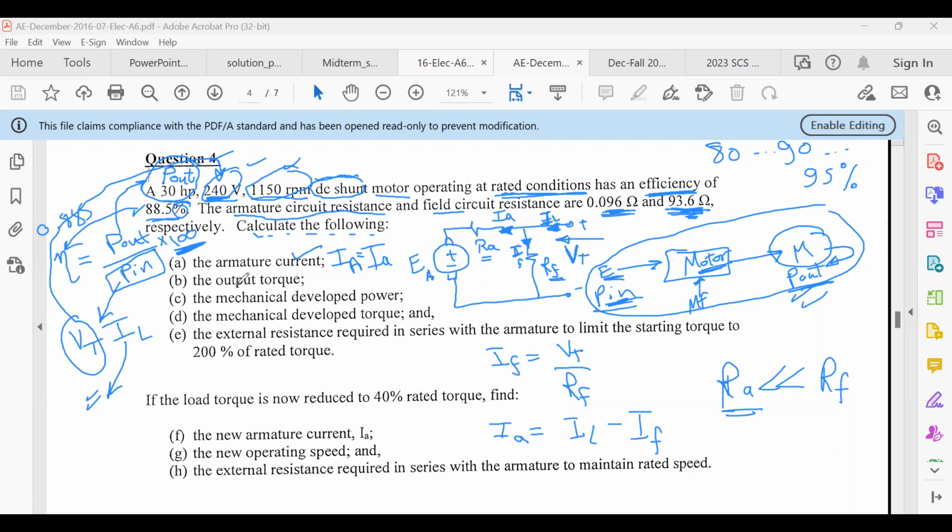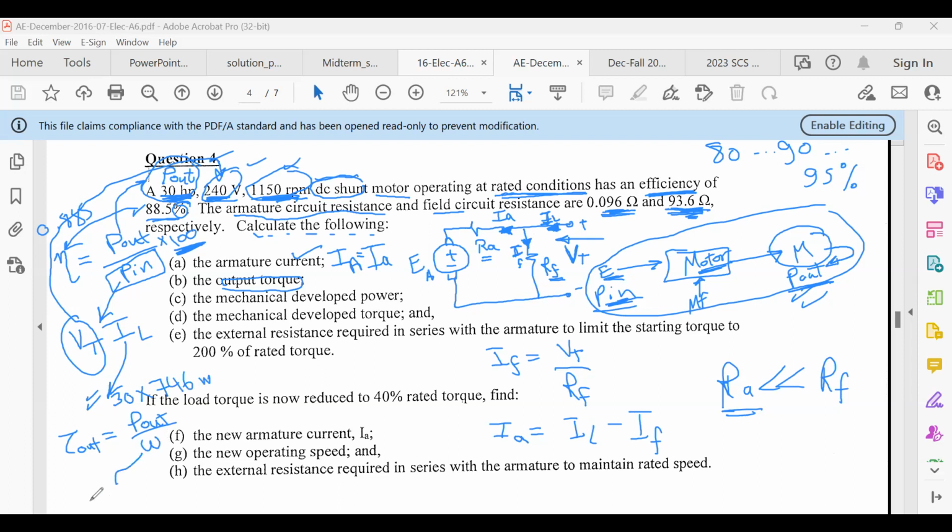They asked about the second one, the output torque. By the way, I have the output power and I have the speed in RPM. So what is the output torque? Torque out equals P out over omega. You have the output power, 30 horsepower. You have to multiply by 746 to make it in watt.